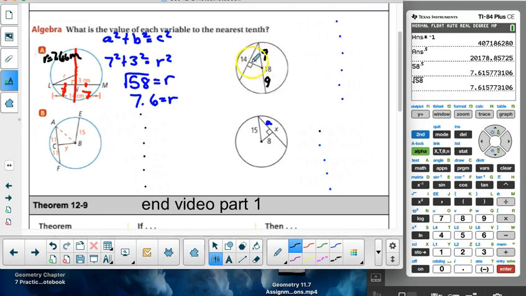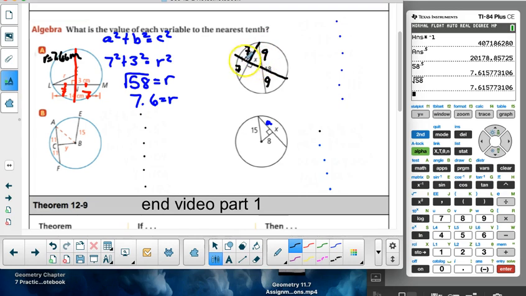Now I've got this right triangle with a hypotenuse of 9, a leg of x, and I'm thinking that this is going to be 7 again, because it's a chord that's split by something that could be the diameter coming through there. So this is also 7.